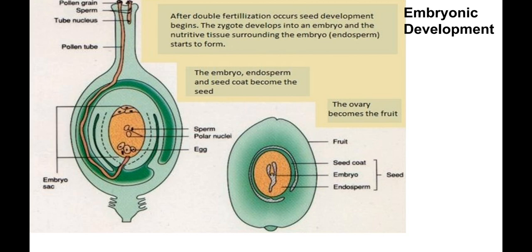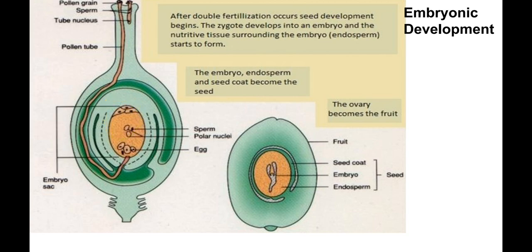Again, we can look in more detail at how the pollen grain grows. We have tube formation, and this tube goes to the ovary, and then two sperm cells work. One cell fertilizes the egg cell, and another fertilizes the central cell. Double fertilization.